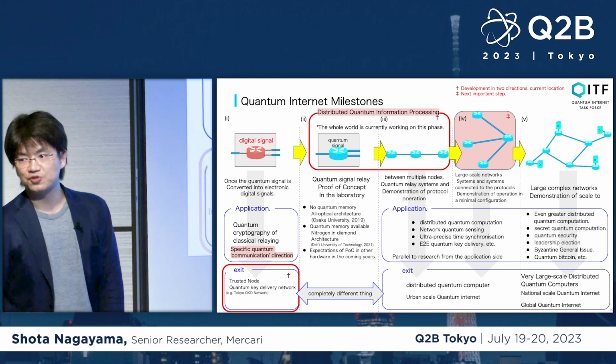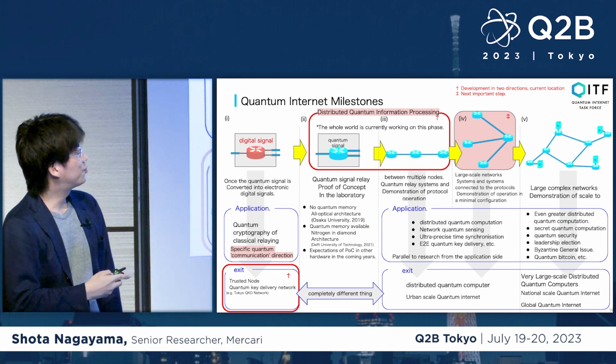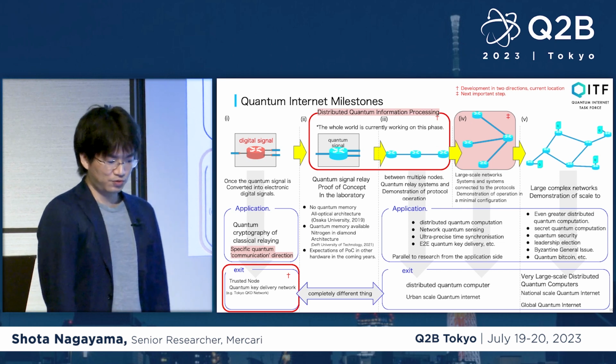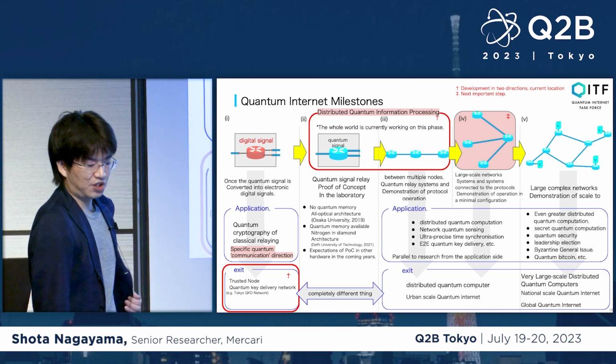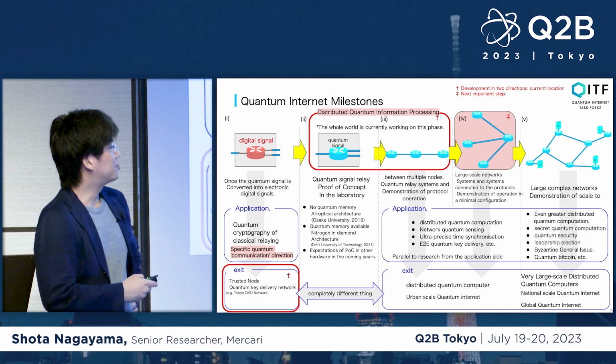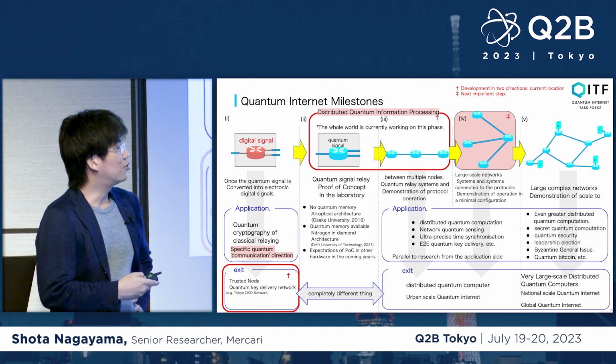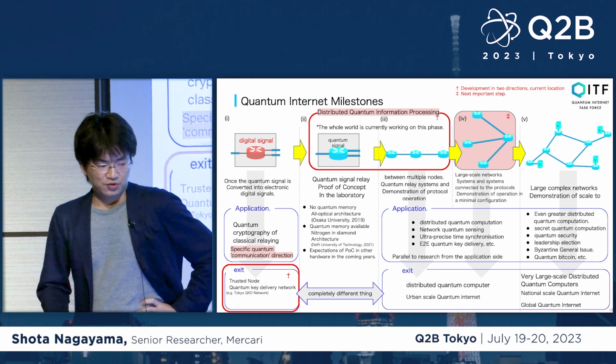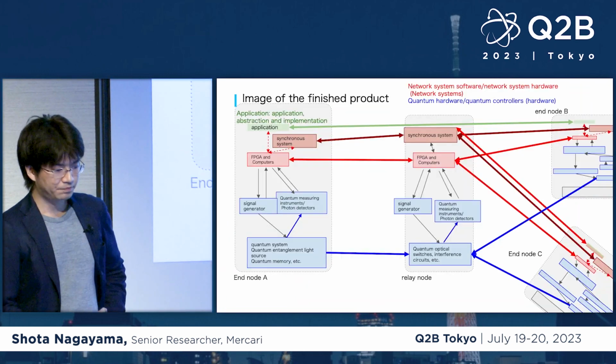And number 4 is the quantum computer structure. If we form this topology, then routing will be necessary. So the quantum internet system will be established, and once it becomes robust, we can form an even bigger network.